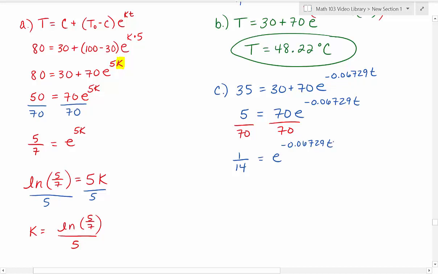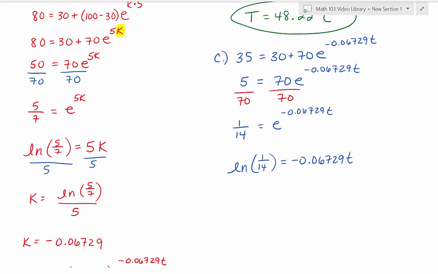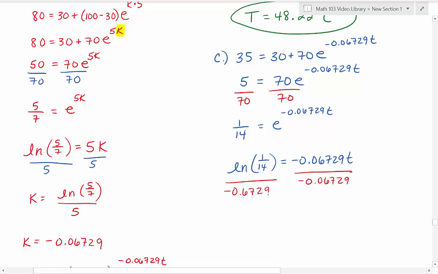Now that we've isolated the exponential base, we're ready to rewrite it in logarithmic form. Our logarithmic form needs to match our exponential form, so this will be natural log of 1/14 equals negative 0.06729 t. And then the last thing we need to do to solve for t is divide. Since this is natural log, we can just type it in our calculator.